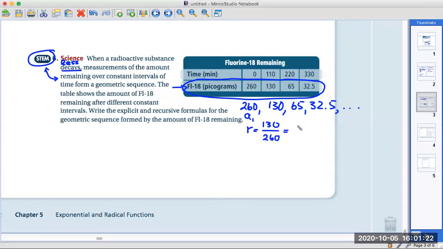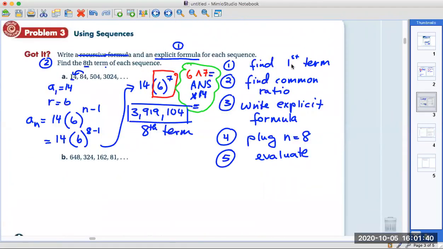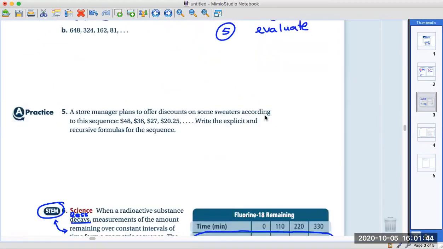Use your calculator. It's 0.5 or 1/2, either one you want to use. And here's our first number. I know we're going to have to write an explicit formula, so I'm already setting myself up. Remember up here, find the first term, find common ratio, write explicit formula.